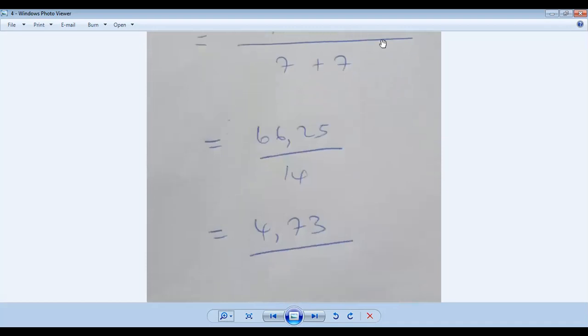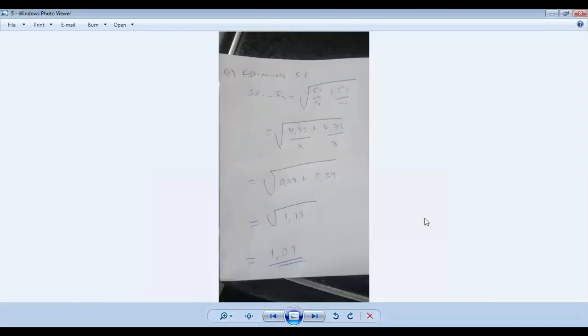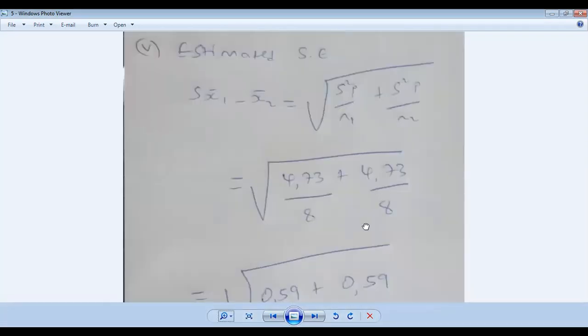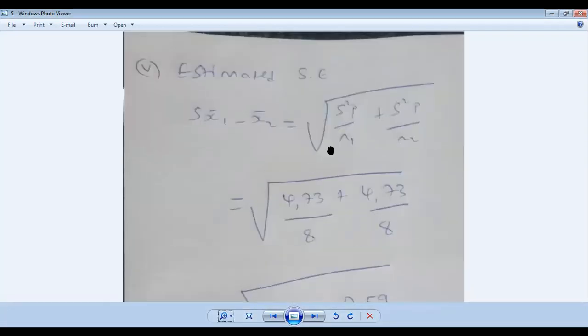We go to the next sub-step. There we are. We now calculate the estimated standard error. The estimated standard error is equal to the square root of pooled variance over N1 plus pooled variance over N2. Now, our pooled variance is 4.73.